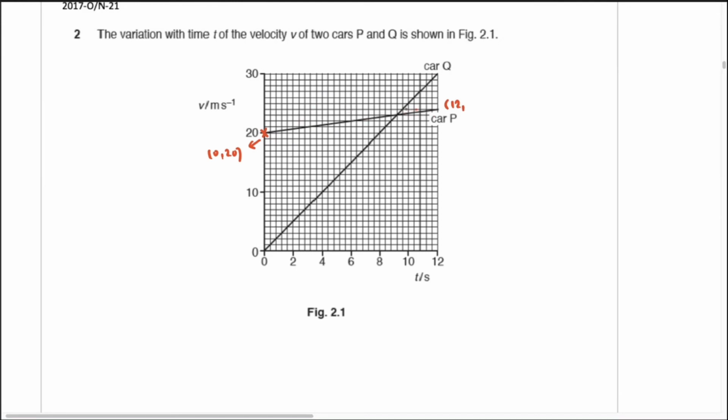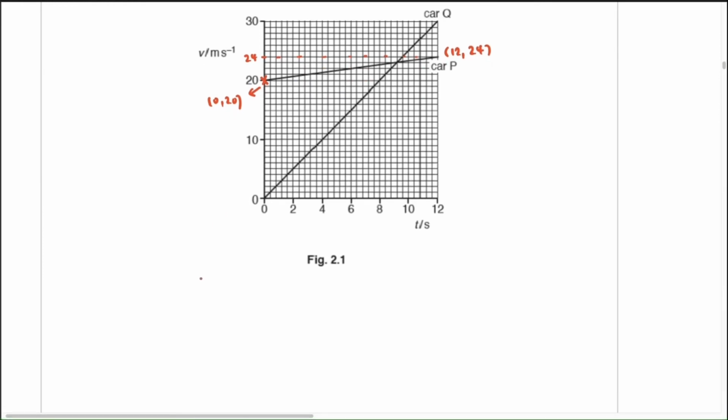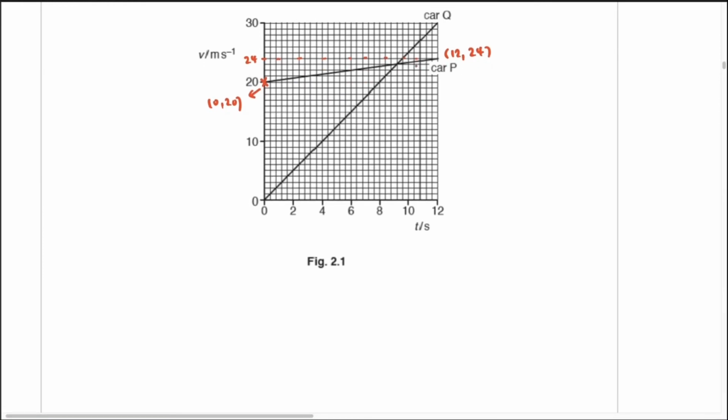Bring this to the side. 24. 4 boxes. Okay, 24. 12, 24. So we find the gradient by using the gradient formula: 24 minus 20 over 12 minus 0.